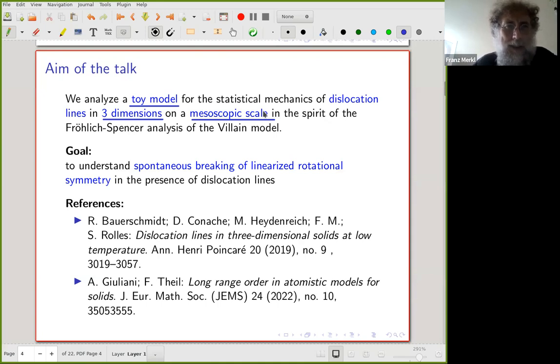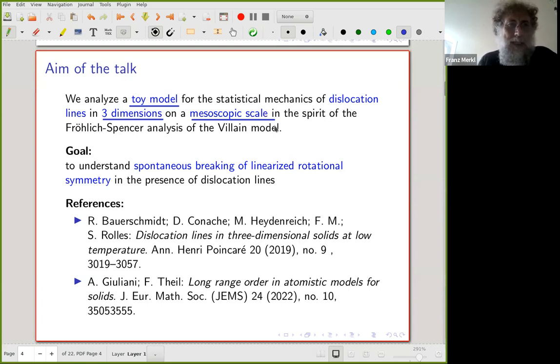So when you think of the atomic dimension being something like 10 to the minus 10 meters, and the macroscopic scale being something like 10 centimeters, it could be something like a micrometer, something in between. So you cannot see individual dislocation lines, but you can still see the effects of them by deforming the crystal.